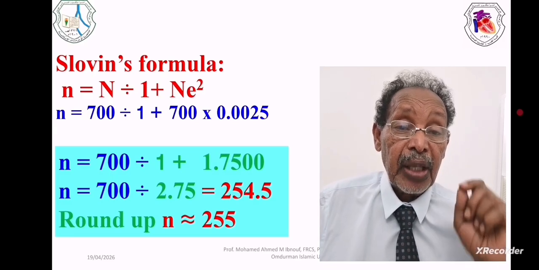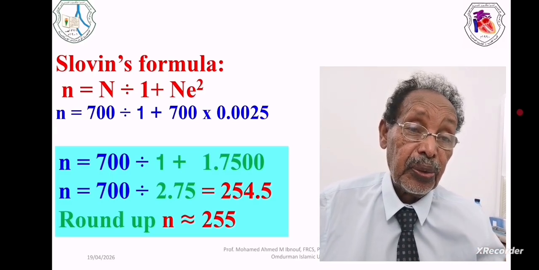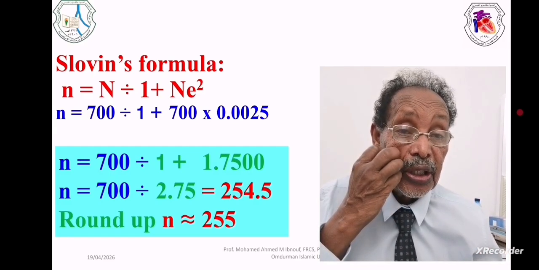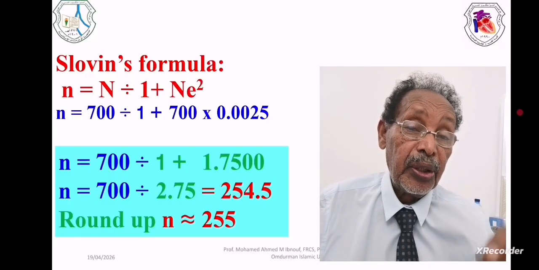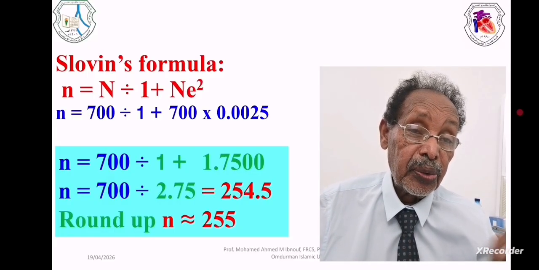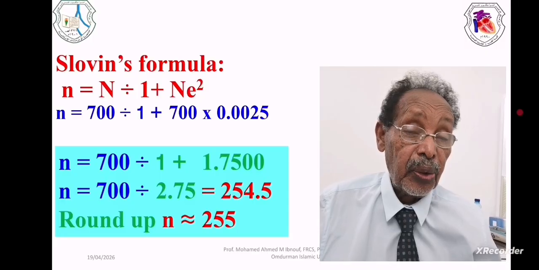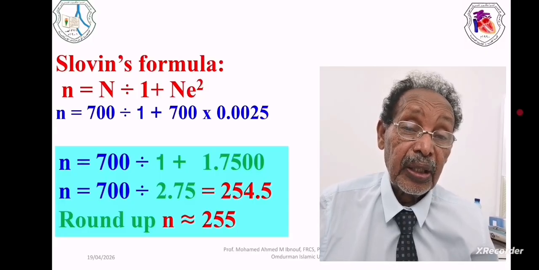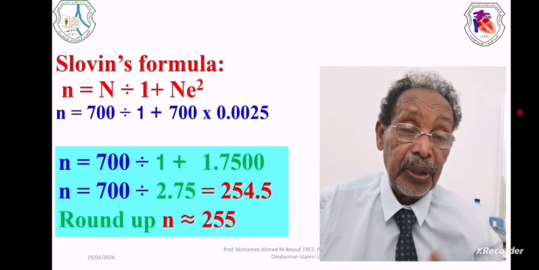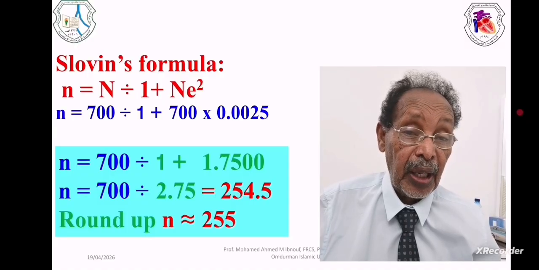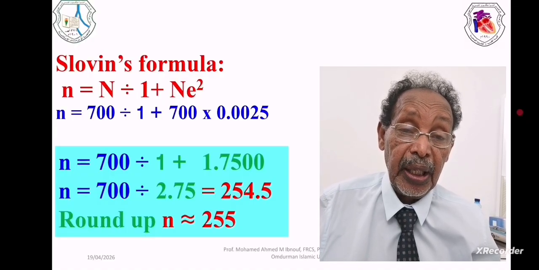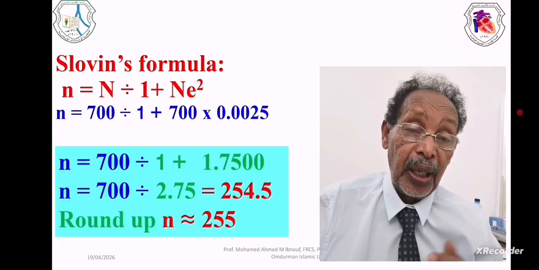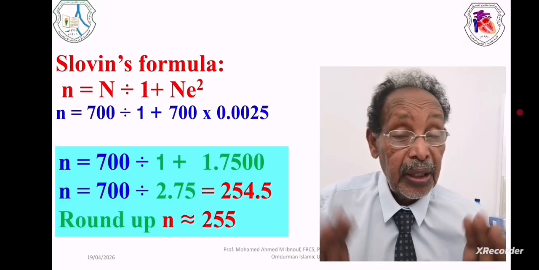Now, 700 multiplied by 0.0025 is equal to 1.7500, so it is equal to 1.75. If we add 1, it will be 2.75. Now the equation will be n is equal to 700 divided by 2.75. Is this clear?